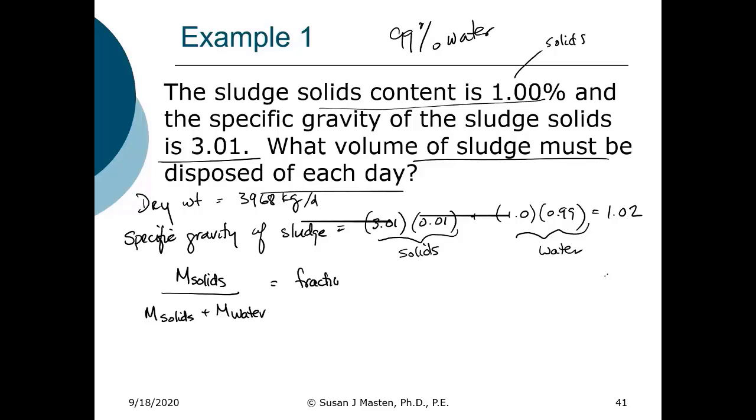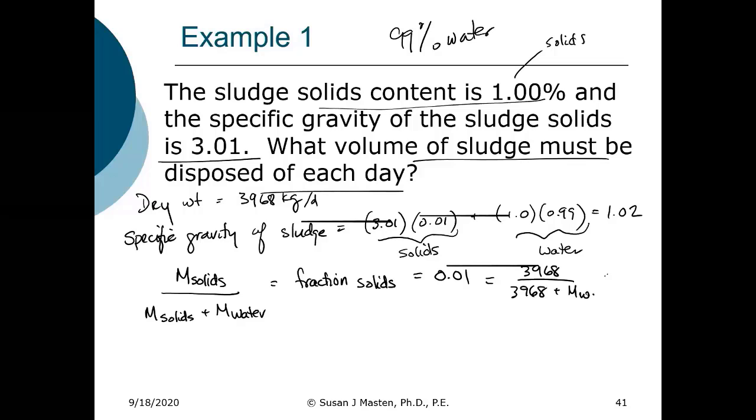The fraction of solids is simply the mass of my solids divided by the mass of the solids plus the water. And this is equal to 0.01 because we said we had 1% solids. And this is equal to 3,968 over 3,968 plus the mass of the water.